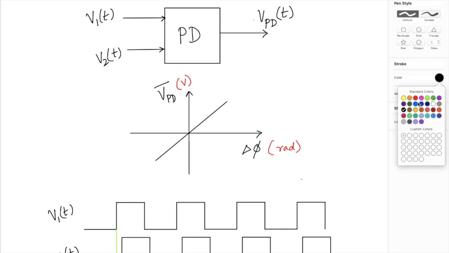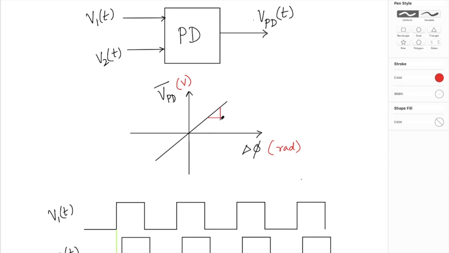The slope of this line is defined as K_PD. K_PD is basically the slope of this line, and its unit, since it is y by x, is volts per radian.